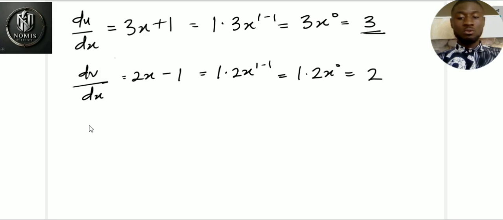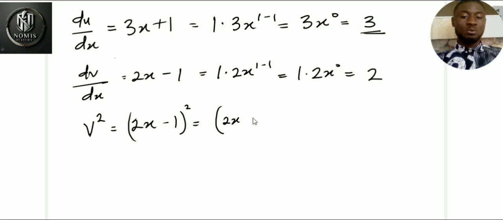Now let's look for v squared. Remember what our v is? 2x minus 1, all squared. So we have 2x minus 1 multiplied by 2x minus 1.